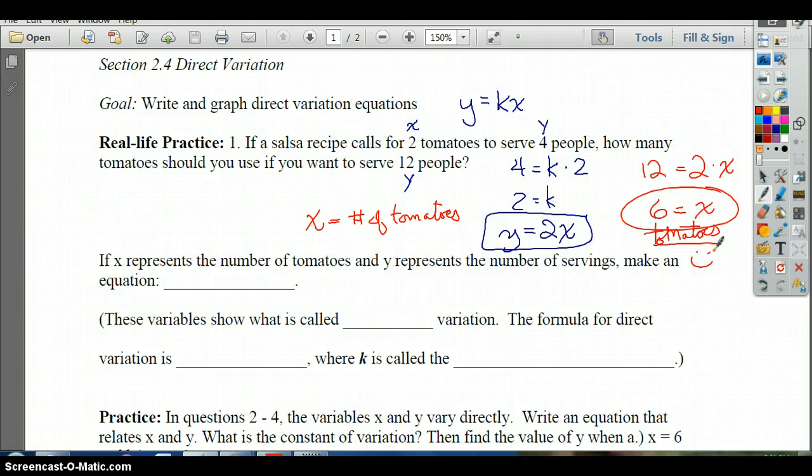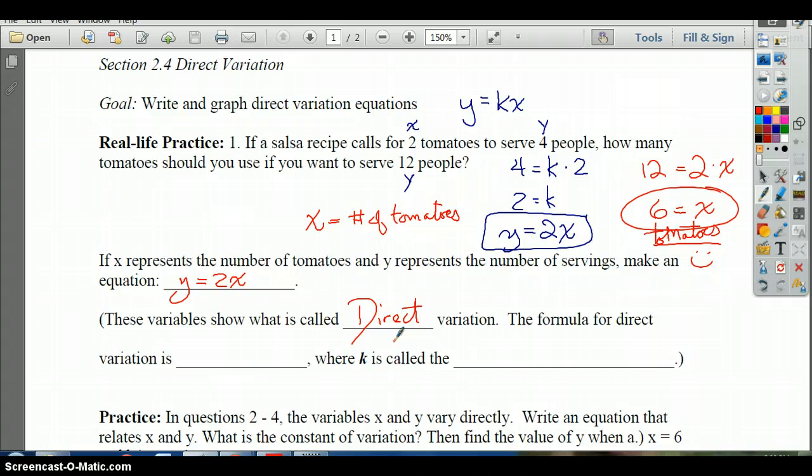Now, if x represents the number of tomatoes and y represents the number of servings, which is what we had, make an equation. That's basically what I did here. I used y equals 2x. It says these variables show what is called blank variation. As you can see in your title, you're dealing with direct variation.